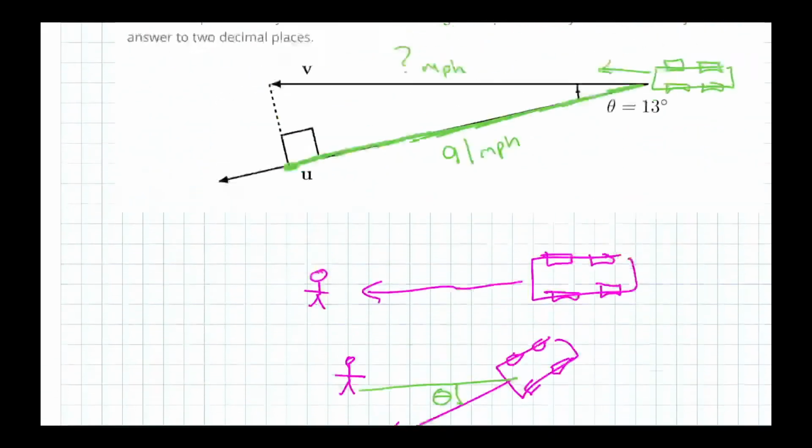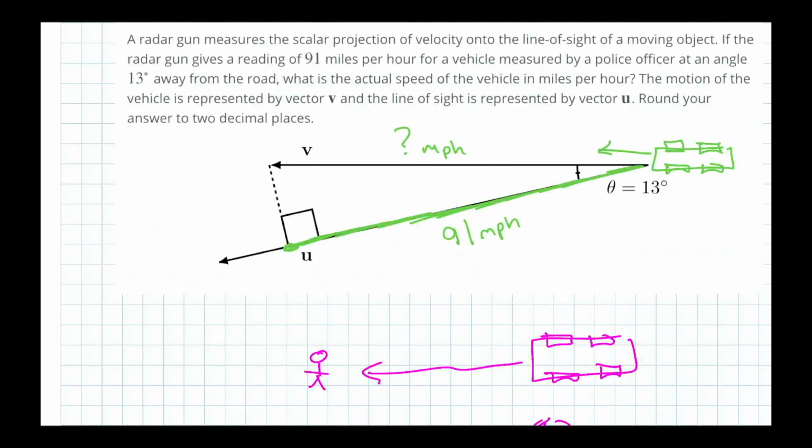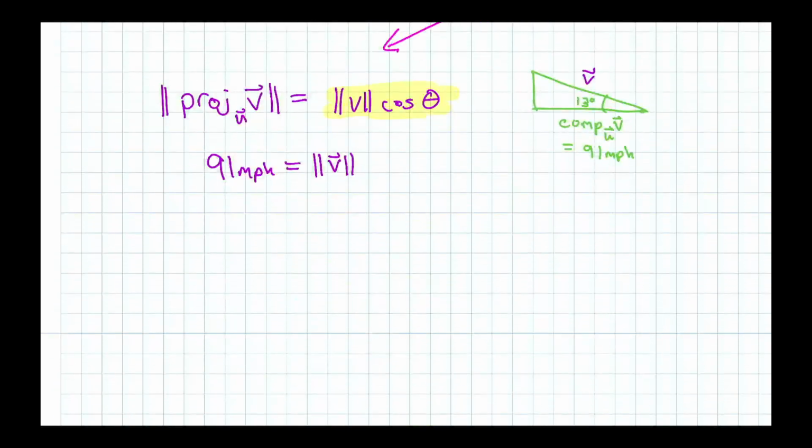That's actually what they're asking, right? This is v. We want to know how many miles per hour it is. We want to know the magnitude of that. And then we have cosine of the angle. Well, we do know that. So if you solve for magnitude v, that's actually what we want.